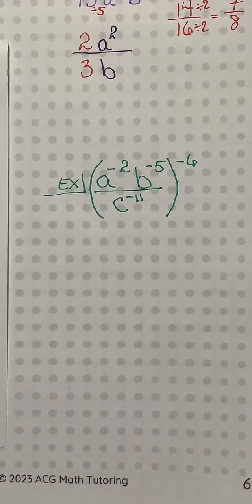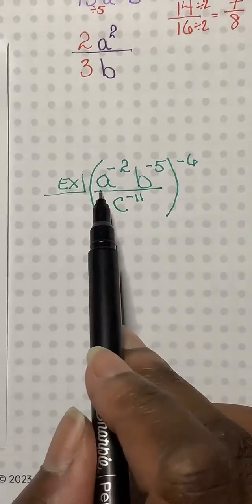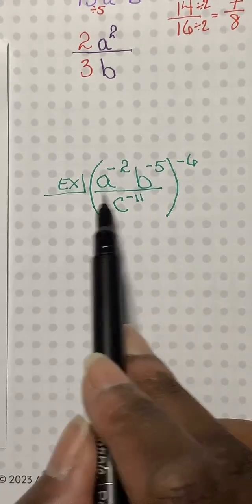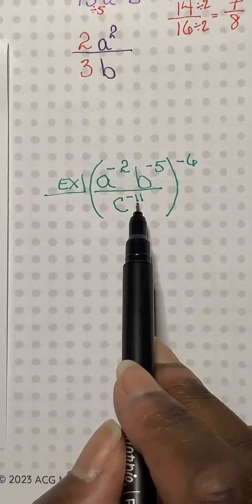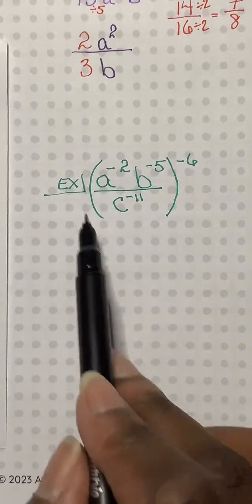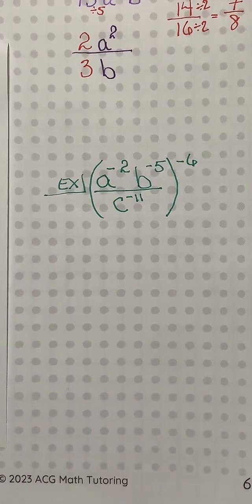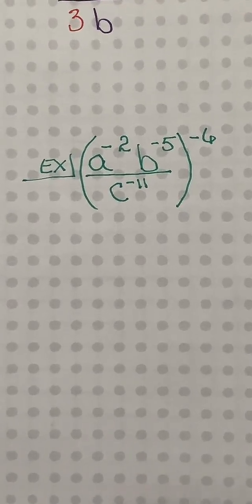All right. So we have a to the negative second, b to the negative fifth, over c to the negative 11th, all being raised to the negative sixth power. Okay? Don't freak out. It's okay. Think about what your plan of attack is.